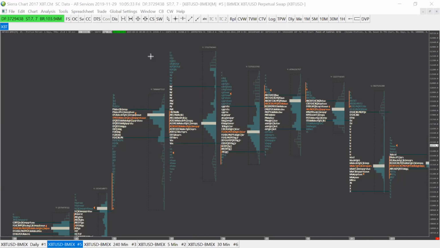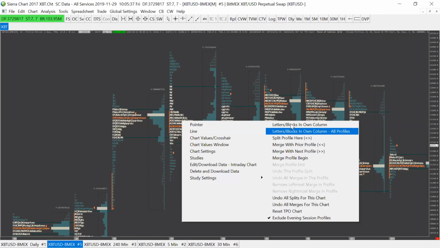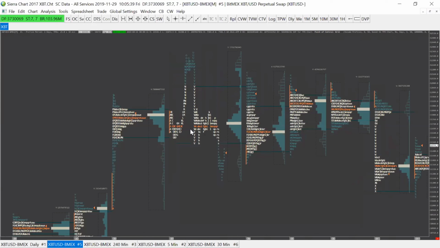So if I were to split this profile up, each of these letters represents a 1 hour candle in this case. The letter A is the first hourly candle in this day.